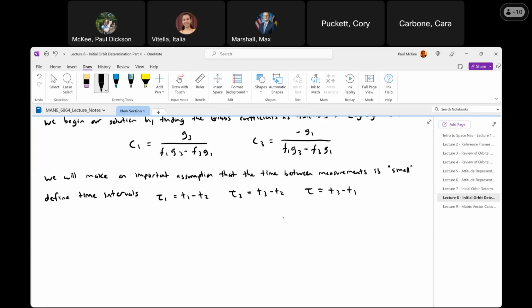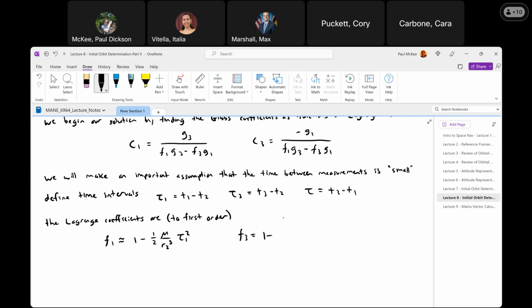And so the Lagrange coefficients are, to first order, a first order approximation for each of these. F1 is approximately equal to 1 minus 1/2 mu over R2 cubed, and this is the scalar R2, times tau 1 squared.